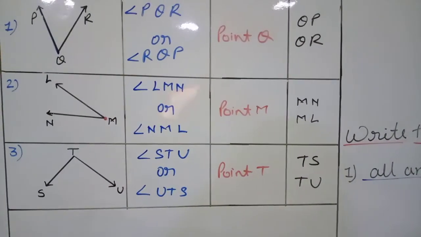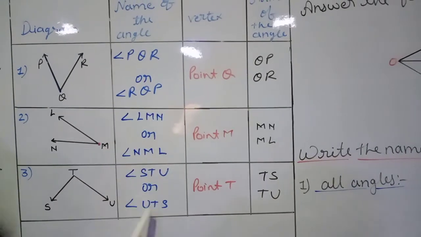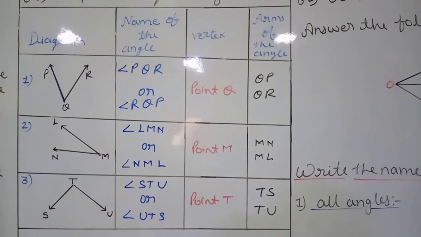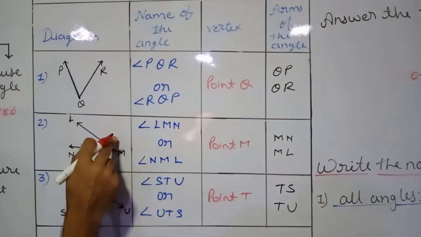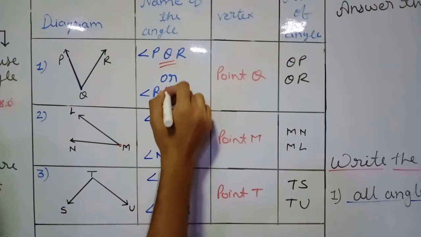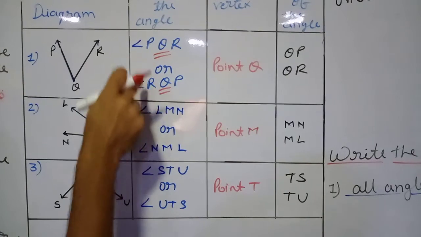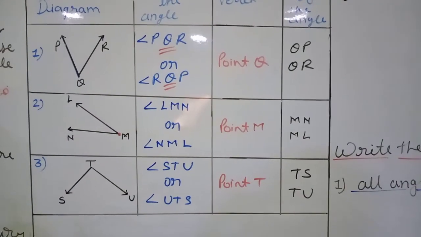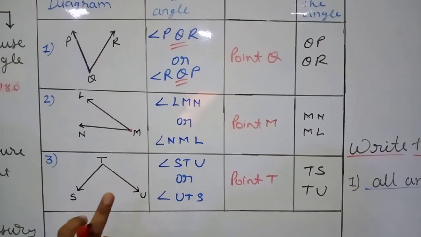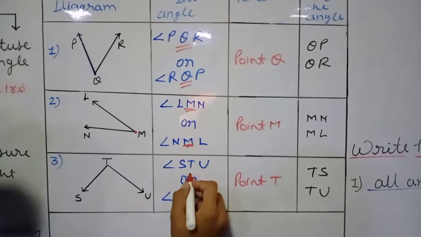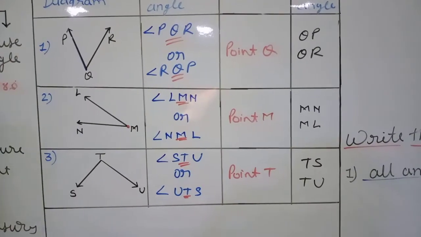If you are able to see, we have written the name of the angle in two ways, but every time the middle letter is the same. Yes, the first and last letters change, but the middle one is always the same.